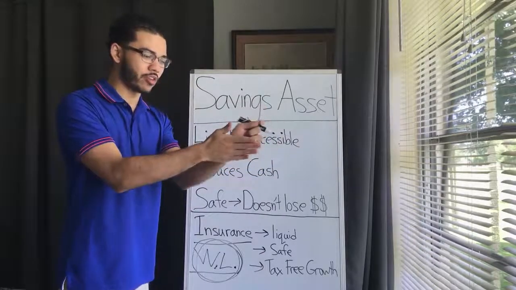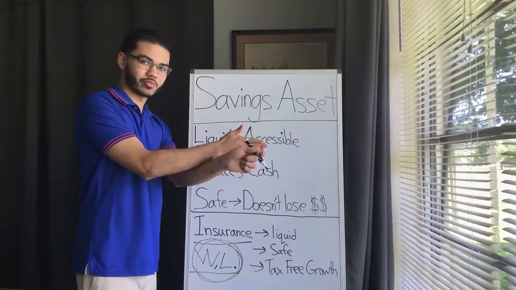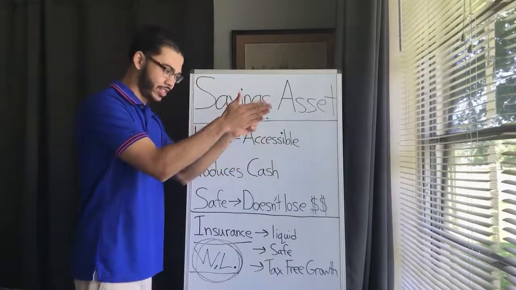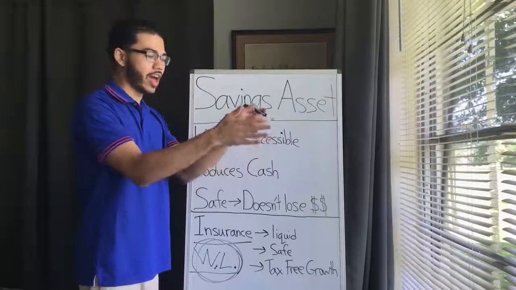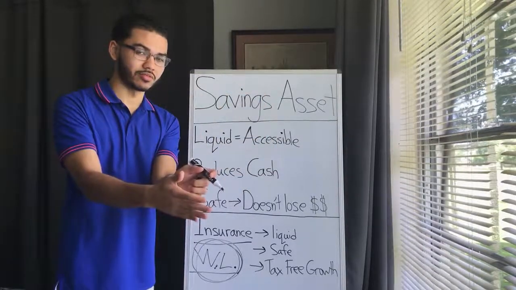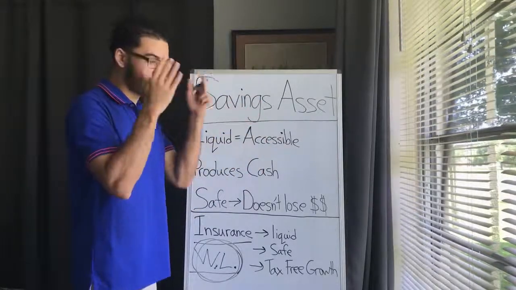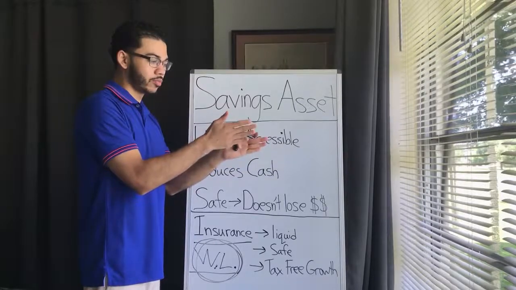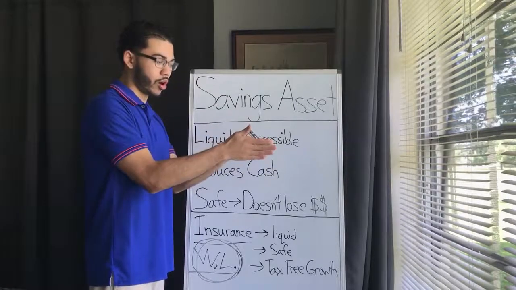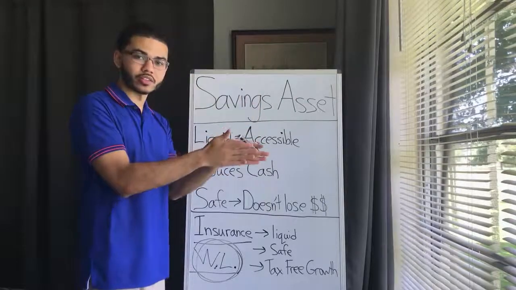So the IRS looks at whole life insurance as a tax advantage, as an asset, not an investment. When you have that distinction, you can use the word loophole if you want, but it's a tax advantaged product.